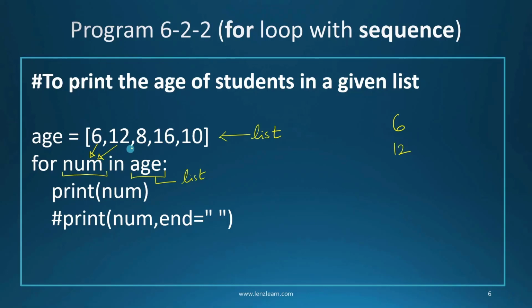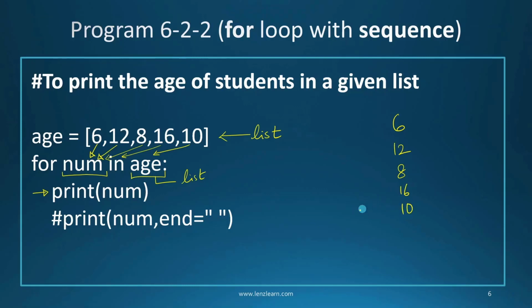Then next time 8 will be printed, then 16, then 10. Now the for loop understands the list is exhausted, it is finished, so the for loop will terminate. According to this print statement, the output is going to be on different lines, so the output will come like 6, 12, 8, 16 and 10.